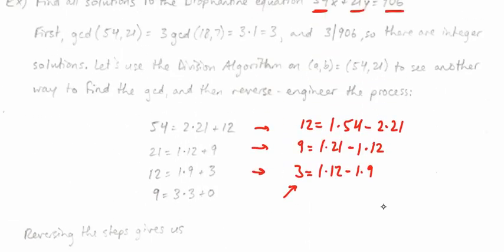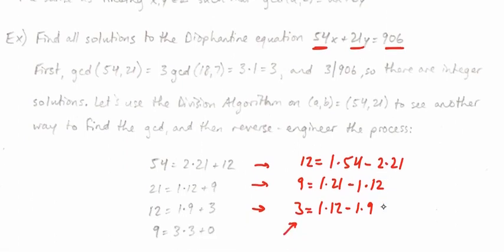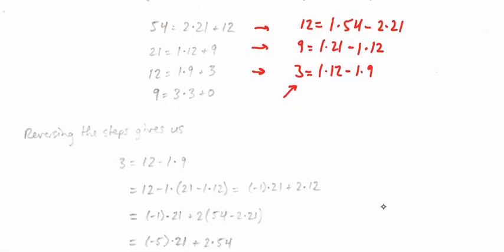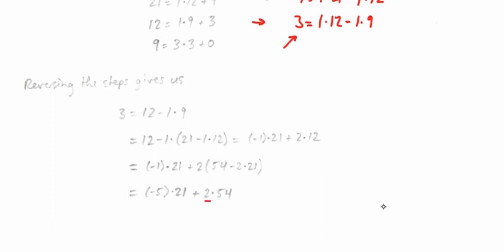Now, again, just noting what things are where, it's 54x plus 21y. So this number here, when we're all said and done, is going to be my x value, and this number here is going to be my y value. Those are not the actual x and y values. This is where that one more step comes in.